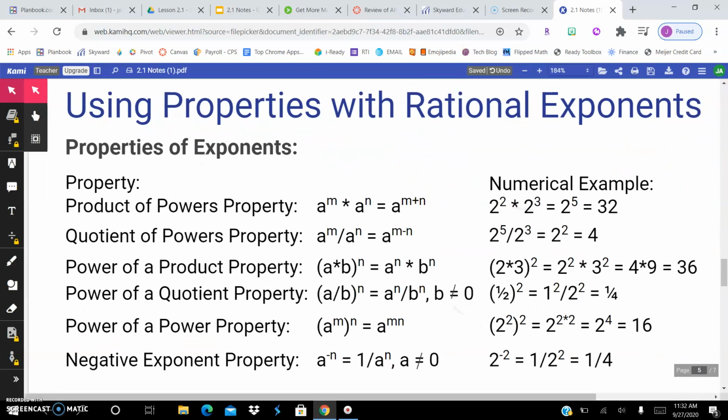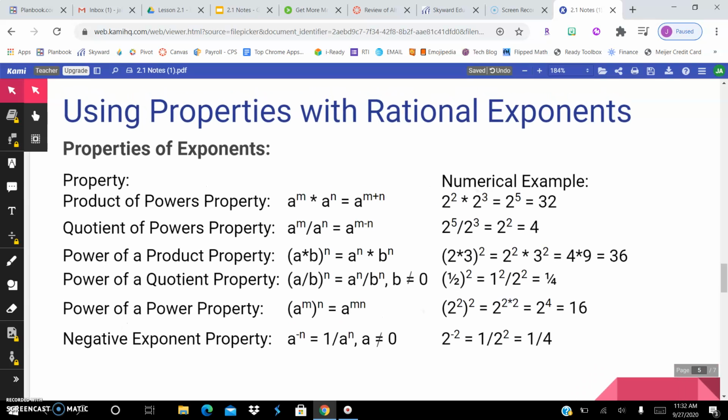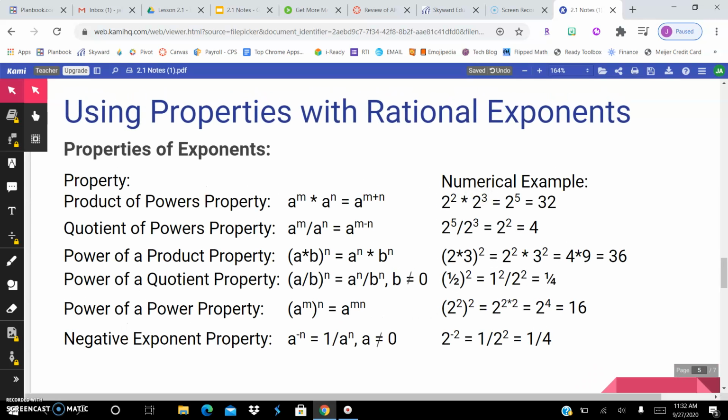Using properties with rational exponents. I put all of the properties that we had talked about in 8th grade here on this one slide for a reminder of the different rules, because those are going to come in handy while we're working with these exponents here in Algebra 1. So the first one is the product of properties, which we use when we are multiplying.